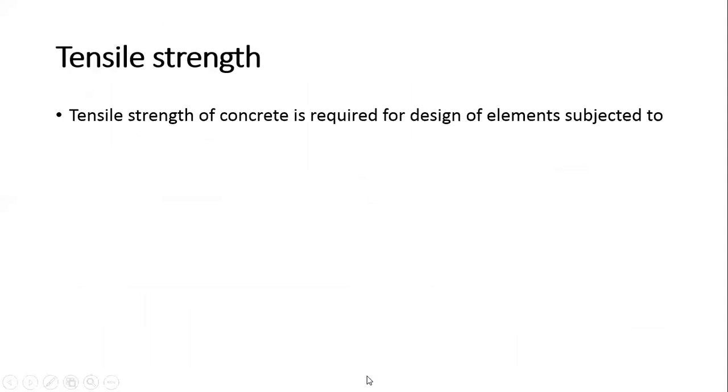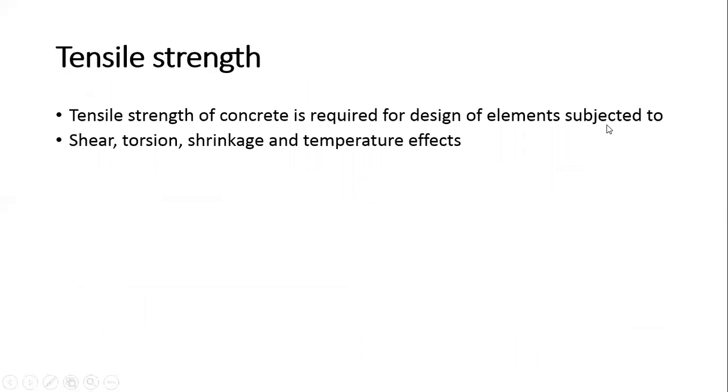Now what is tensile strength? This strength is required for design of elements subjected to shear, torsion, shrinkage and temperature effects. If you are calculating shear resistance of concrete, that case requires the tensile strength. If you are measuring torsion, or there are shrinkage or temperature effects, then you require the tensile strength of concrete.